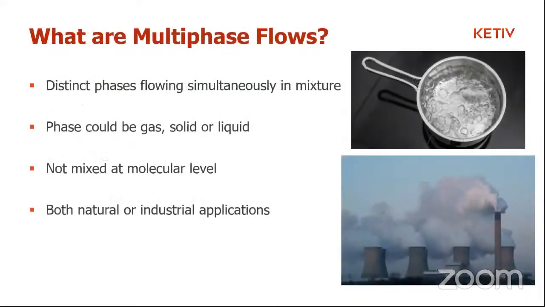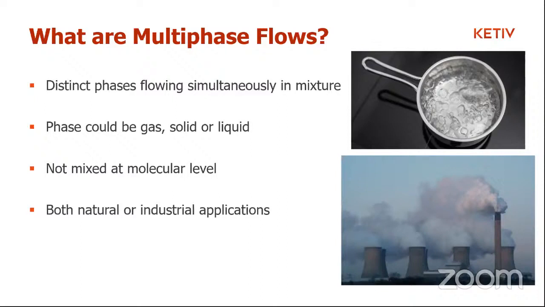Now, even before I delve into the applications of multi-phase flows, for those of you who are unfamiliar with the term, I just want to go into the basics of what multi-phase flows actually comprise. As the name suggests, any flow domain that consists of a mixture of two or more distinct separate phases would qualify as a multi-phase flow.